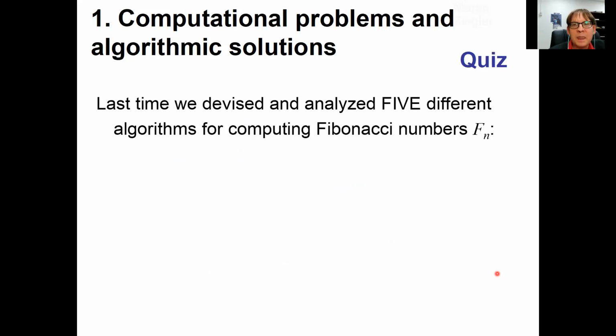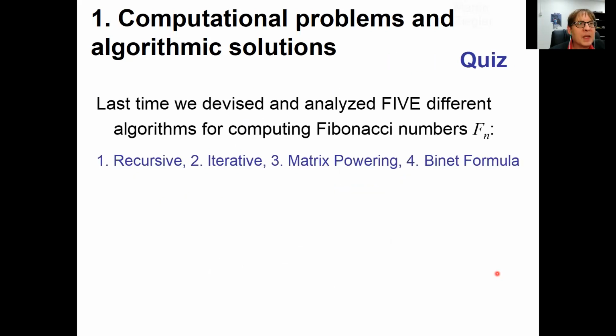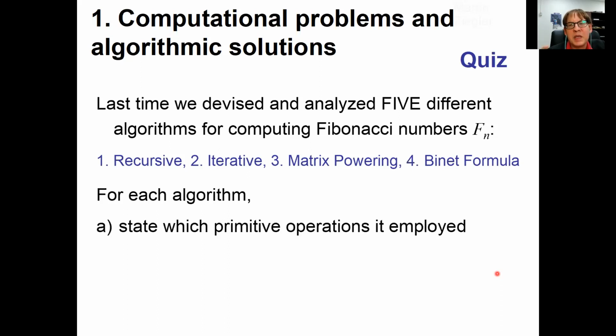So here's a quiz, and maybe we'll end with that quiz. We have, not last time, but just now, devised and analyzed 5 different algorithms for computing Fibonacci numbers. A recursive one, an iterative one, one based on matrix powering, one based on Binet's formula with repeated squaring of algebraic numbers. And what I've omitted here is the 5th algorithm that actually uses a natural logarithm and exponentiation of transcendental numbers.